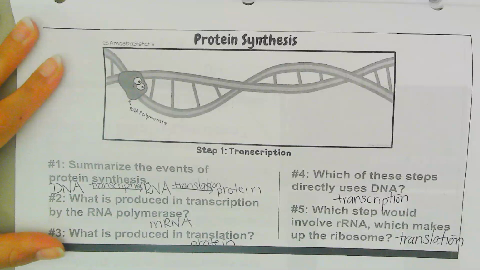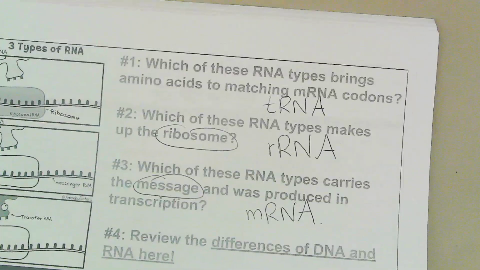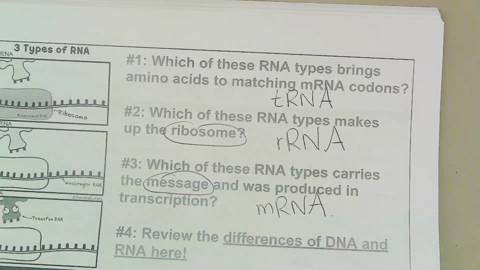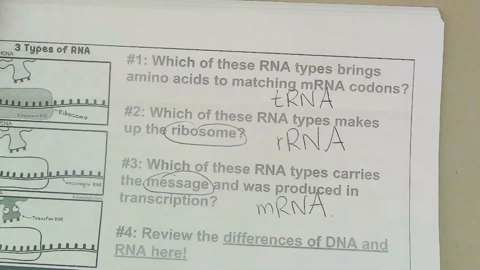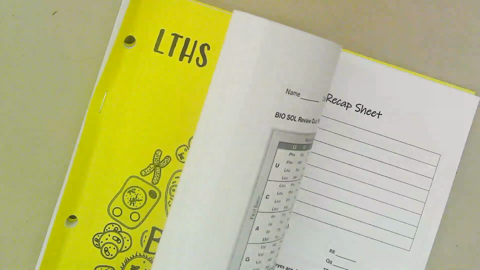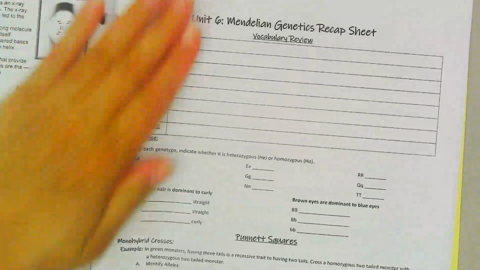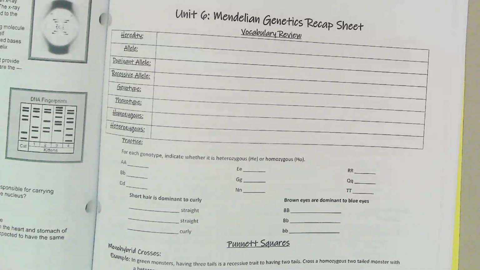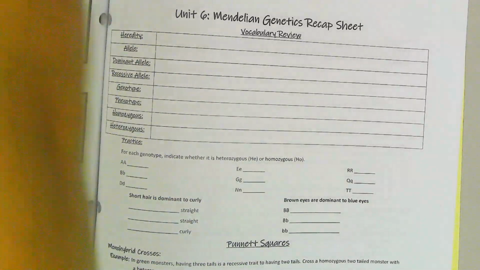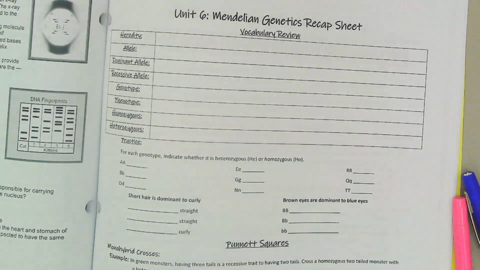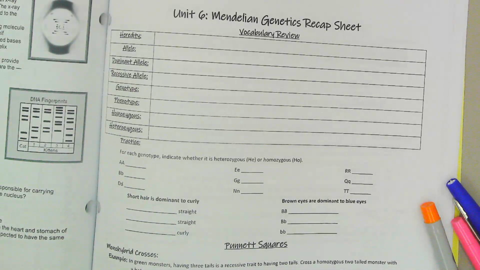Go up to the other page. Is everyone good here? Yeah. tRNA, rRNA, mRNA. We are starting today on page 63, your last section. Unit 6 will be your last unit we'll do together.